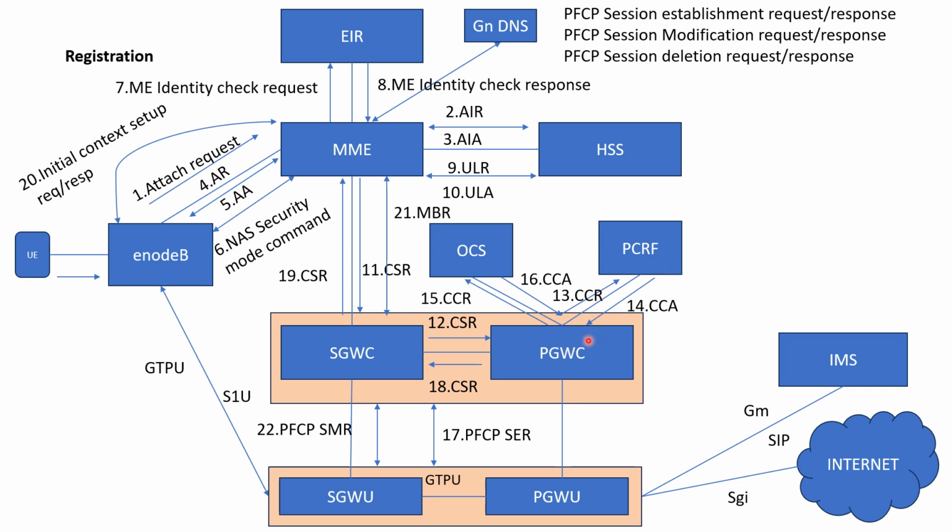PCRF will reply with the credit control answer. The same request will go to the OCS, and OCS will reply with the limits, validity time and other information of that particular UE.